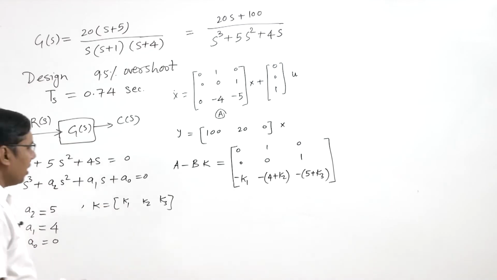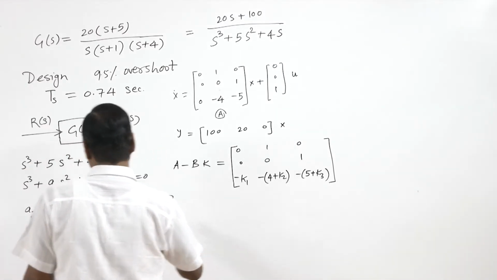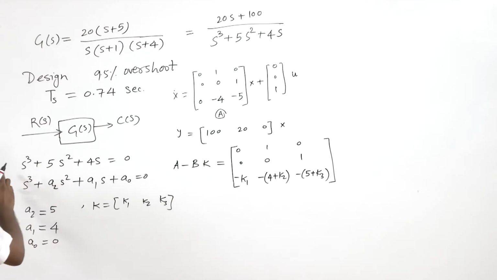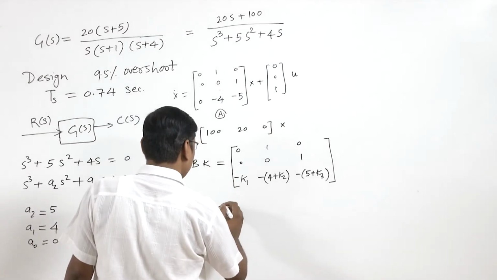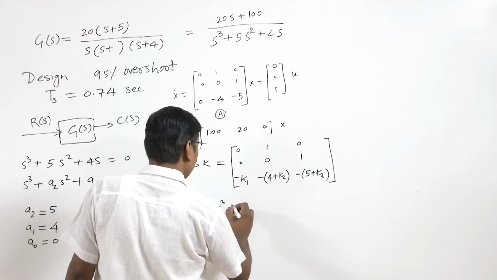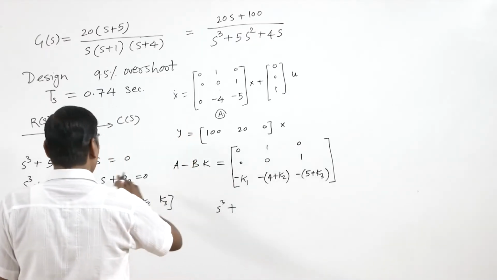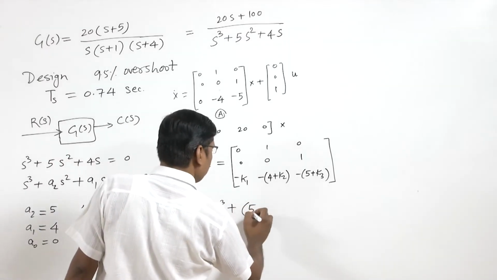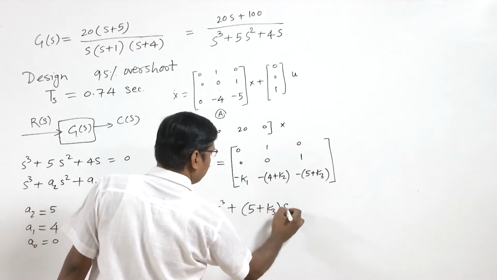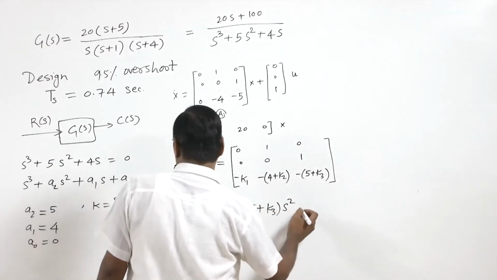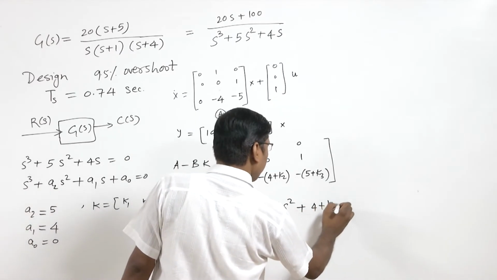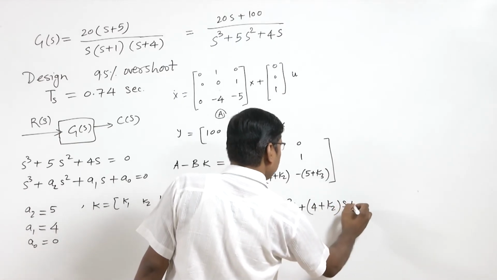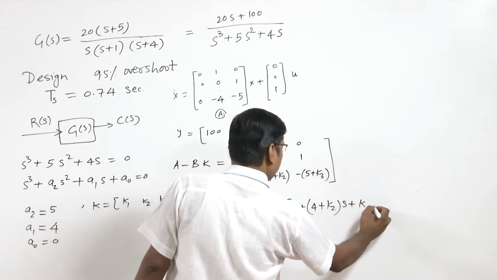Now the characteristic equation will be changed. So it is like s cube plus (5 plus k3) s square plus (4 plus k2) s plus k1, that is equal to 0.